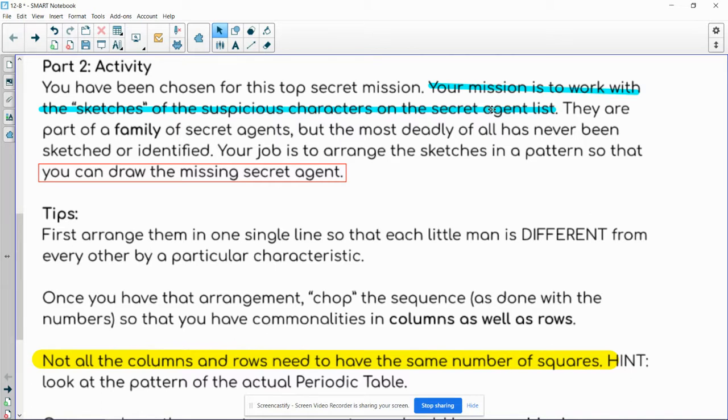And so you're going to have to arrange the other 17 in the correct order. When you arrange them, you're going to notice that there's one spot missing. And you should be able to predict what that 18th spot would look like based on the properties of the other ones around it.